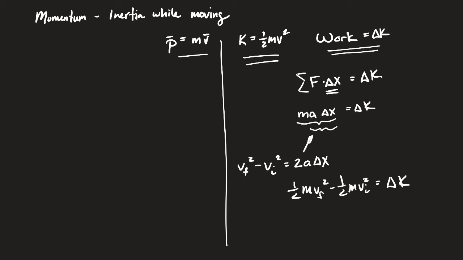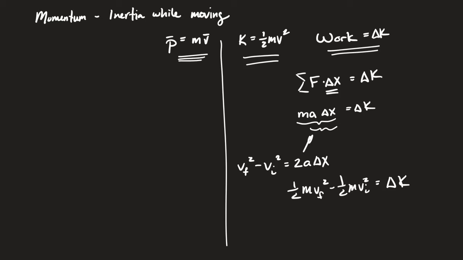Do you remember problem number 1 in the test was the object on the string, and it was dropped. And you're asked between what 2 points was there the biggest change in kinetic energy? And it was the first 2, because the height was the biggest difference. There's a lot of things when we talked about work that were about change in position.